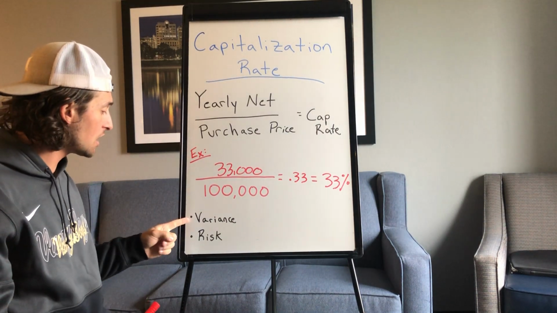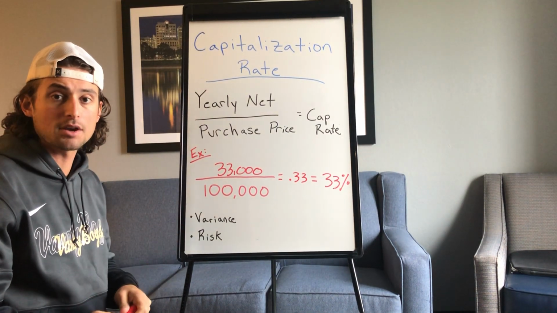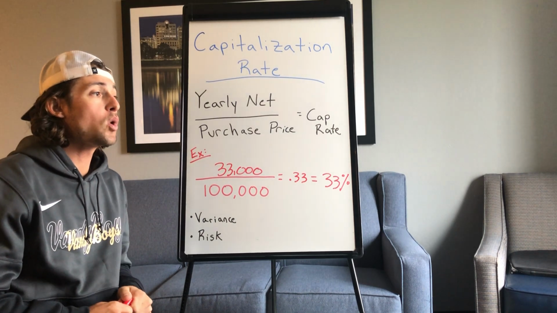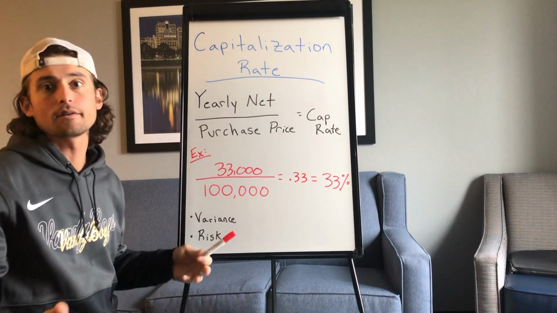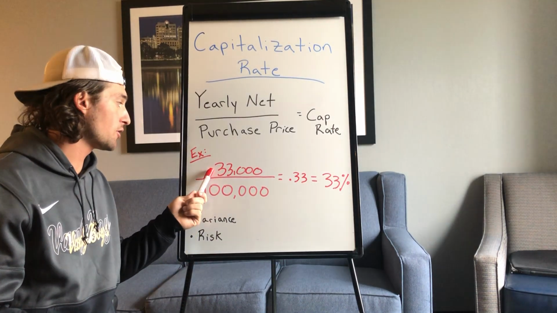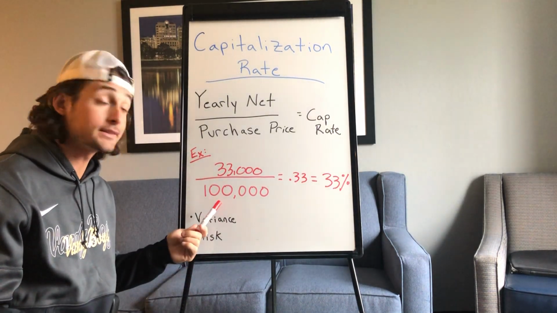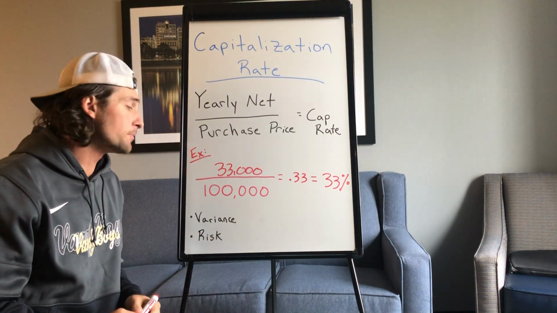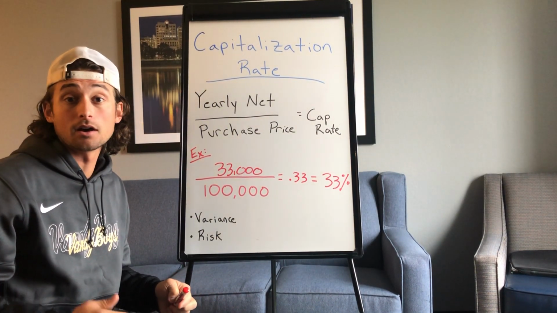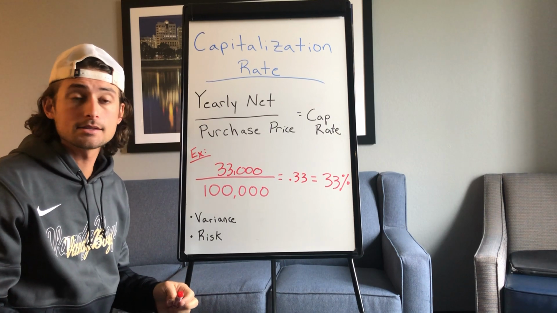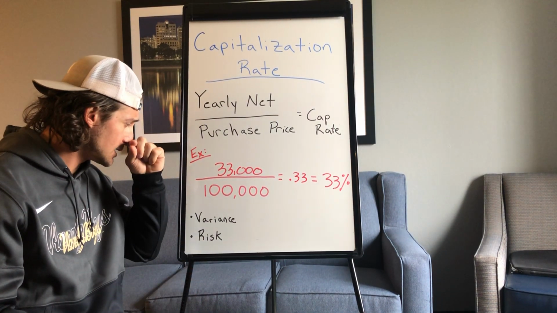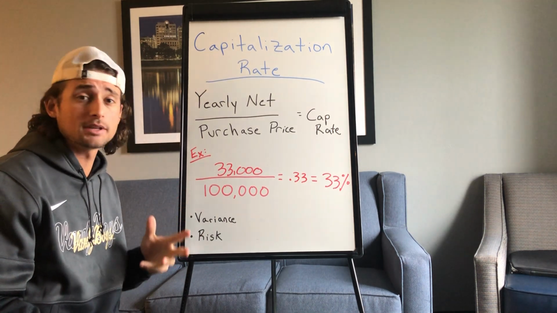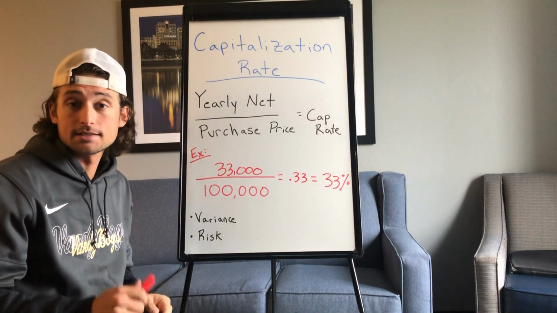Well, there's a lot of variance that goes into cap rate. For example, maybe one year that apartment complex that I stole for 100 grand, that's creating 33,000 a year. Nobody would ever sell it to me for 100 grand. But say I have a really bad year, okay, and something happened in the area, and there's incredibly high vacancies, okay?